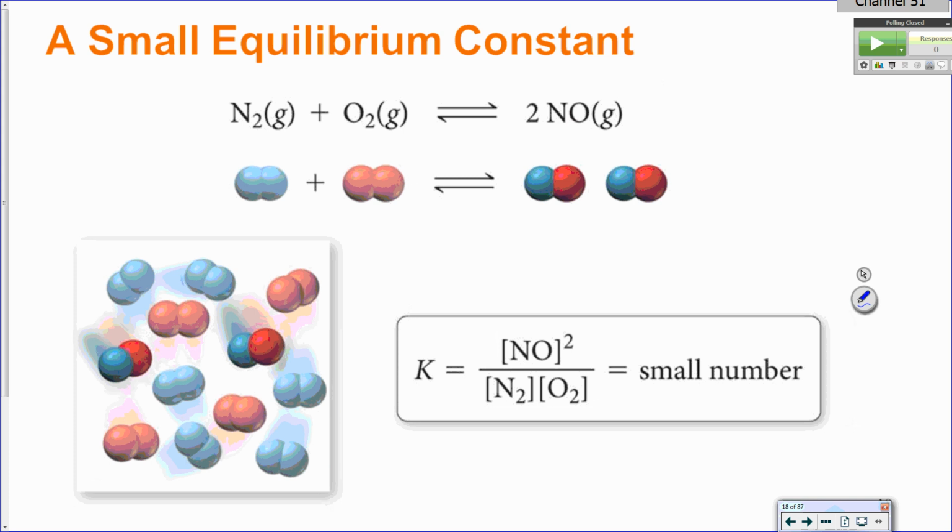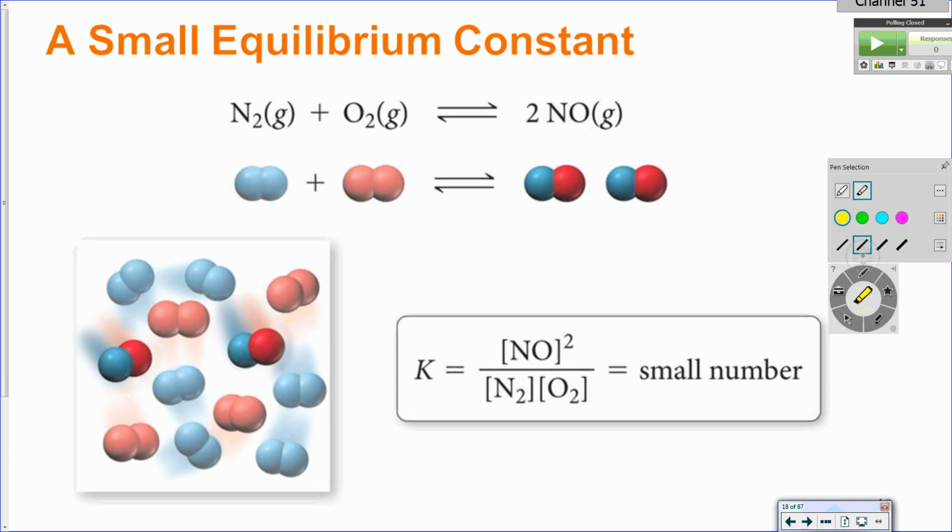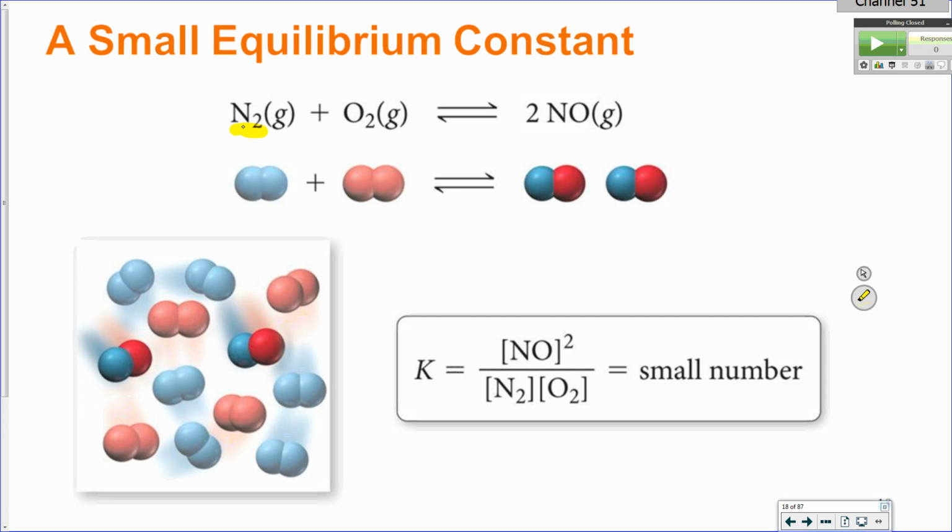Sometimes they're small. So this is an example of a system that's got a small value of K. In the air, nitrogen and oxygen are the two most abundant gases, roughly 78% nitrogen and 22% oxygen. Does some of it go forward to make NO, nitric oxide, combining at a 1 to 2 mole ratio? If I put those two gases in the air, very, very little goes forward and makes the products.